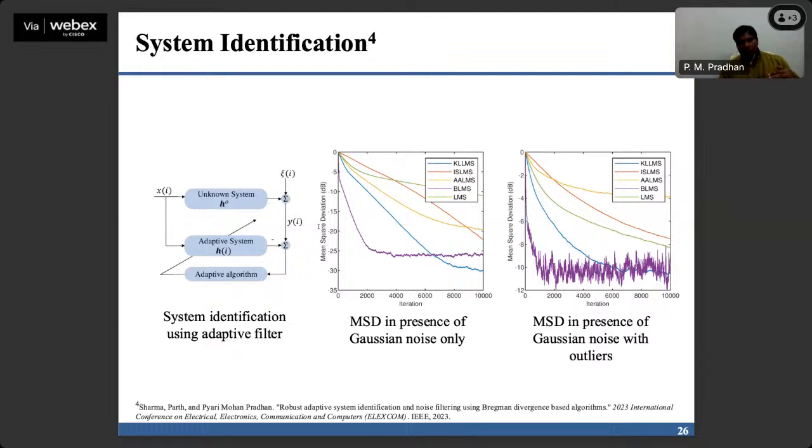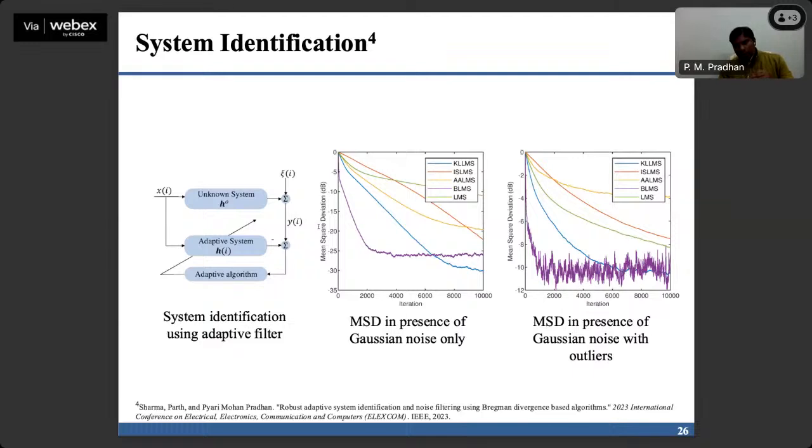So what is the difference? h naught minus h of i, that is shown in the second figure, and you can see that various variants of least mean square algorithms have been shown in this particular graph. These are all information theoretic divergence based algorithms. Only the conventional algorithms are least mean square algorithm and the block least mean square algorithm.